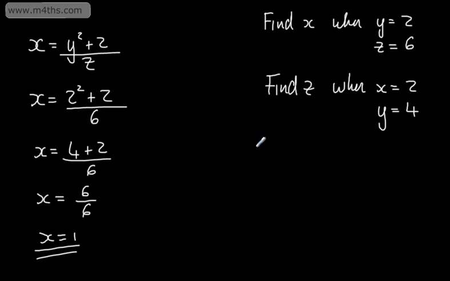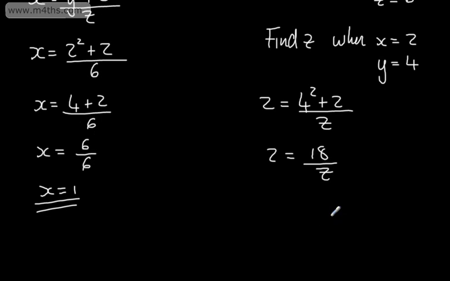So if we substitute this in, we've got 2 is going to be equal to y squared, which is going to be 4 squared, plus the 2 divided by z. If we just tidy this up now, we've got 16 plus 2, so we can say that 2 is equal to 16, that's 4 squared, plus the 2, which is 18, divided by z.